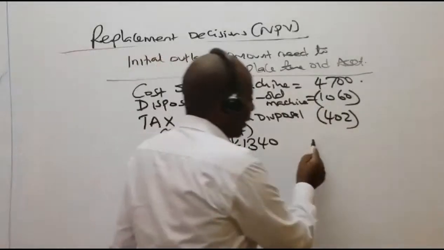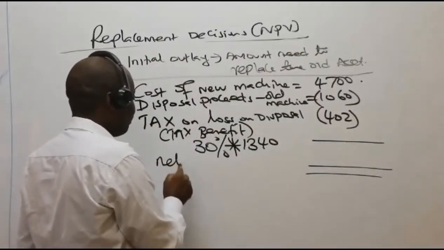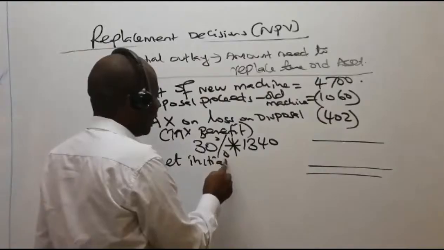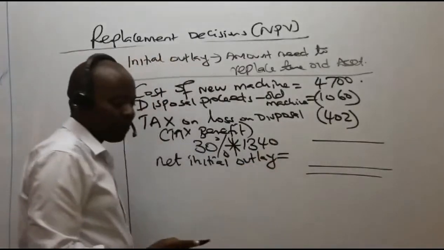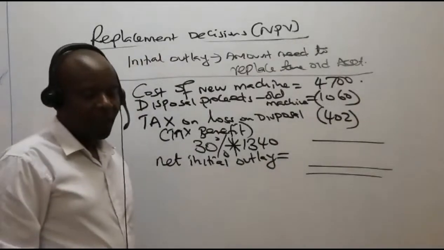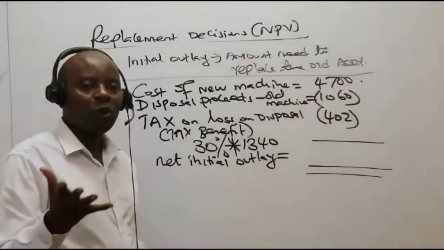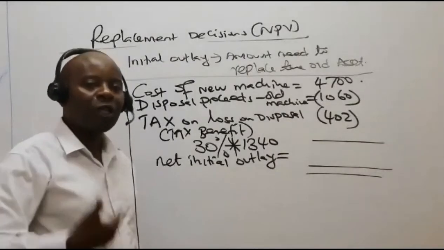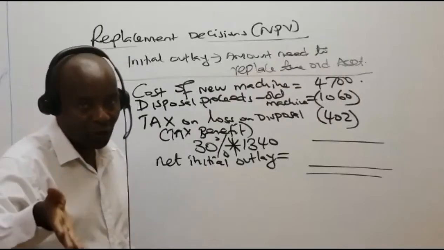So in this case, could you come here and tell me what the net initial outlay will be? A good question there: what if we make a profit on disposal? If we make a profit on disposal, of course, we'll be expected to pay tax on that.